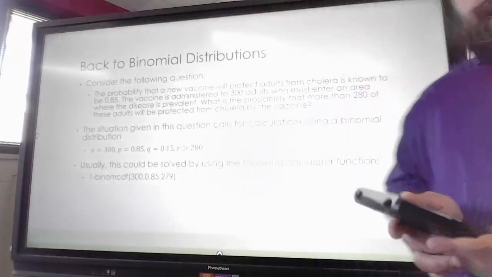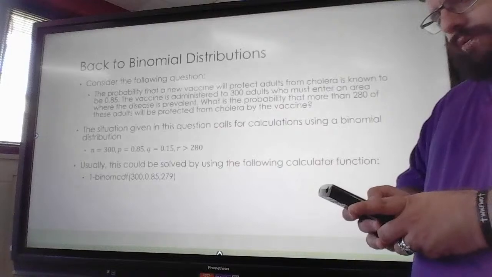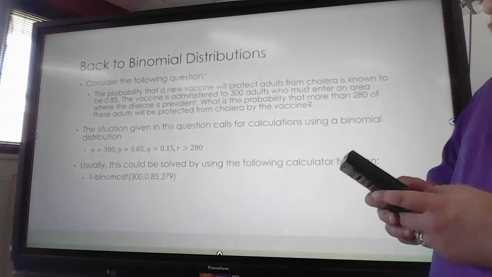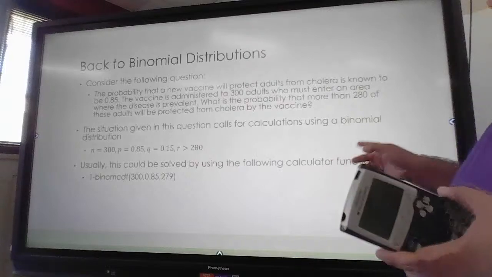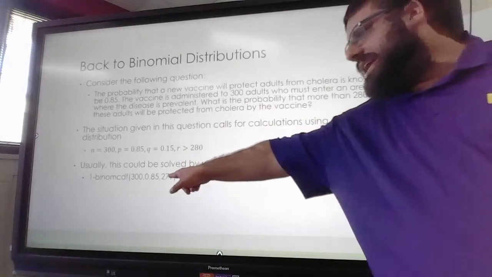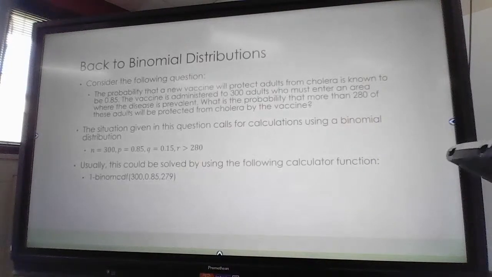So let's go ahead and calculate that. 1 minus binomCDF, my trials is 300, my p is 0.85, and because this is greater than, we want less than or equal to 279. So my x value in question is 279.